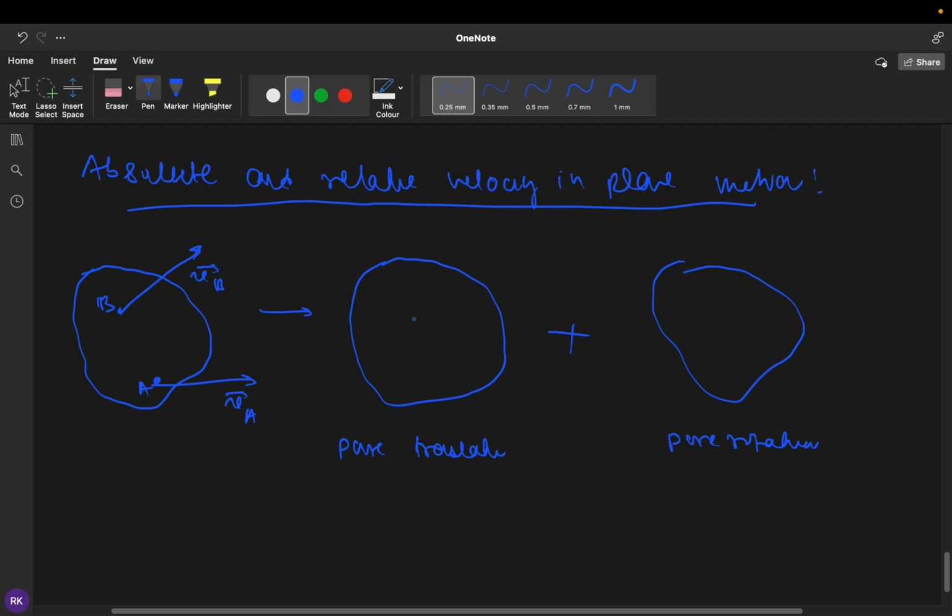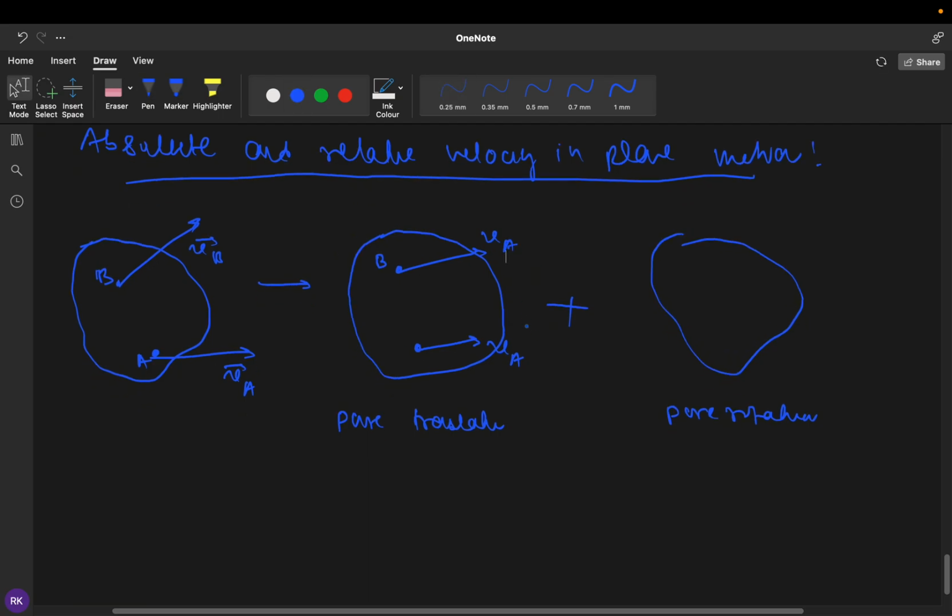Then you can see that if there was a pure translation, and the velocity of this particle was VA, then the velocity of particle B was also VA, right?